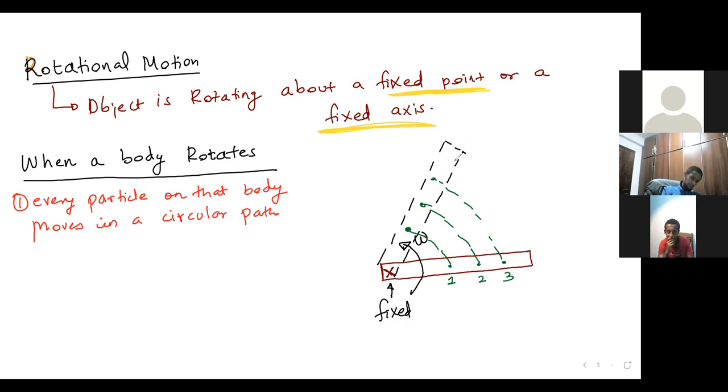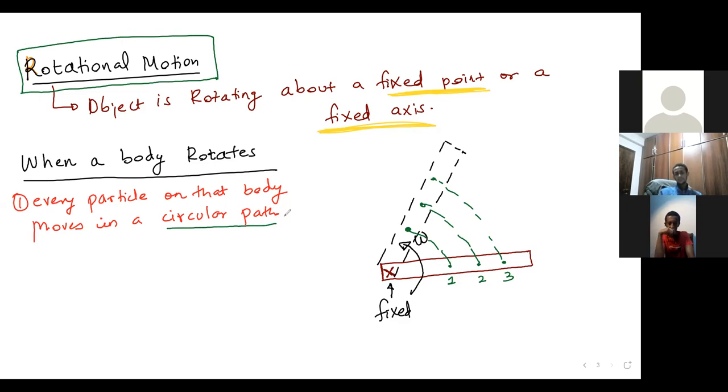That is the beauty of rotation. See, there is a very big difference between rotating and circular motion. Many students get confused between rotational motion and circular motion. Getting it? So, if a body is performing rotational motion, can I say every particle on that body is moving in a circular path?